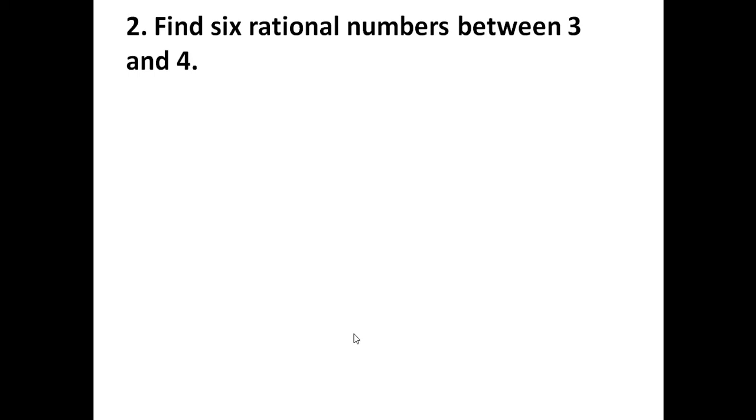Find 6 rational numbers between 3 and 4. I already told you in the beginning that between any two rational numbers there are an infinite number of rational numbers. Here they are asking us to write any 6. That's what is explained here.